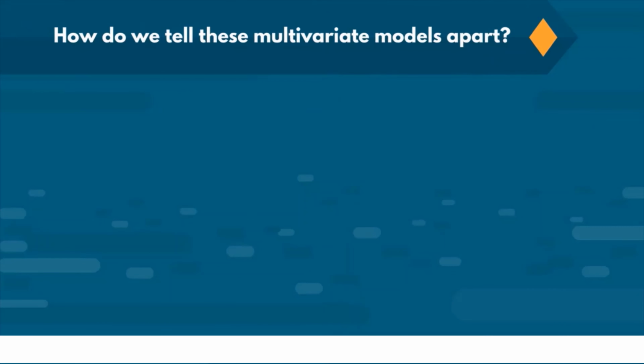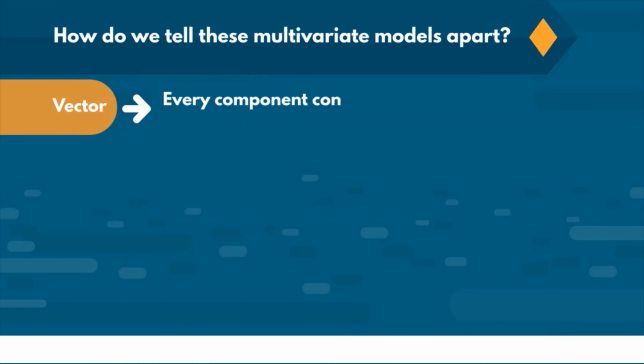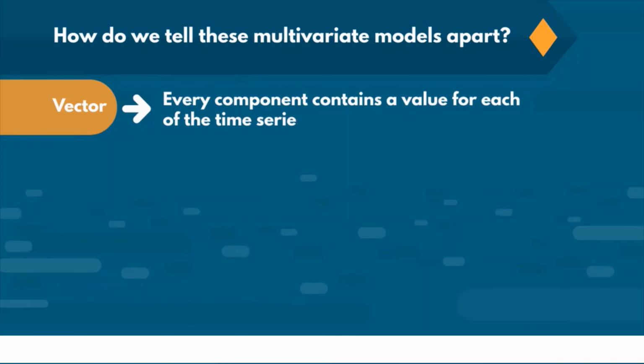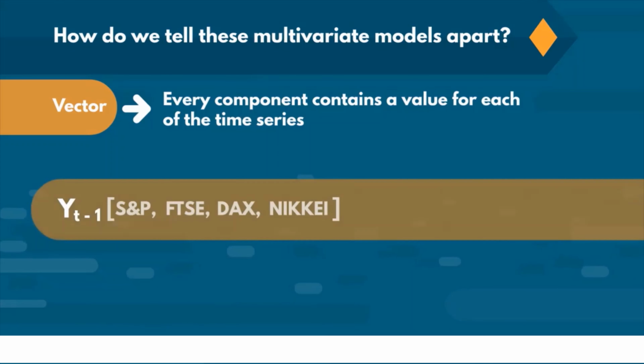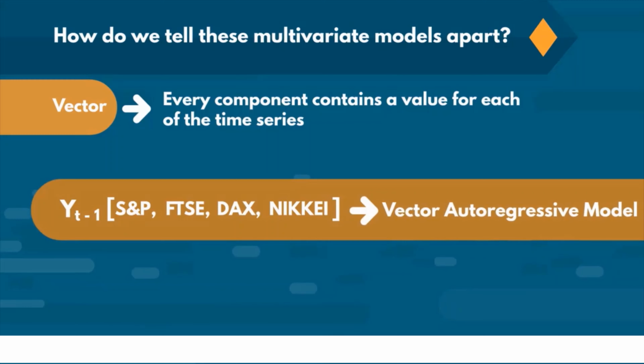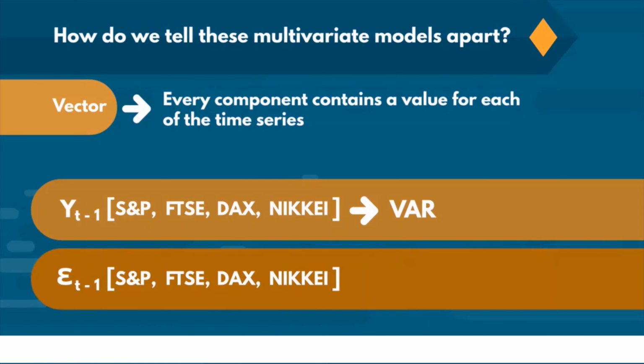Okay, so how do we tell these multivariate models apart from the ones we've been using so far? Well, these are called vector models because every component contains a value for each of the time series. If we wish to include past values, we'll be dealing with a vector autoregressive model, simply known as VAR. If we include past residuals in addition to that, we'll be dealing with a VARMA, and so on.